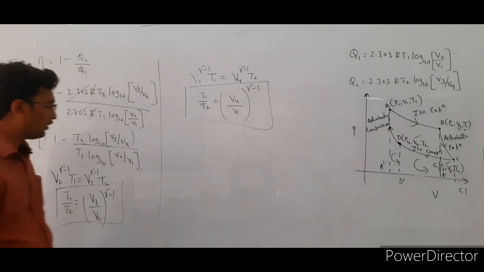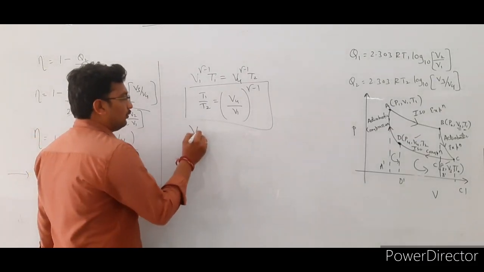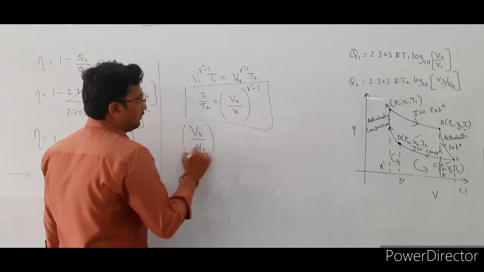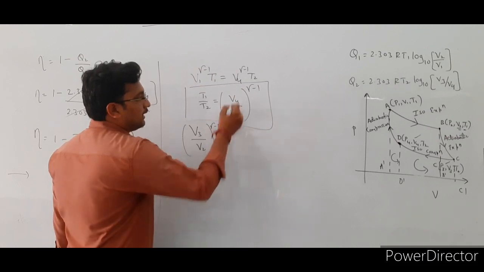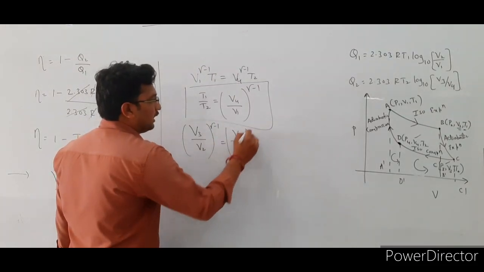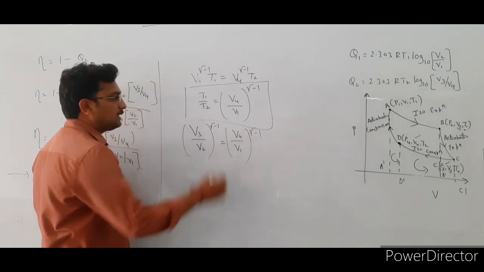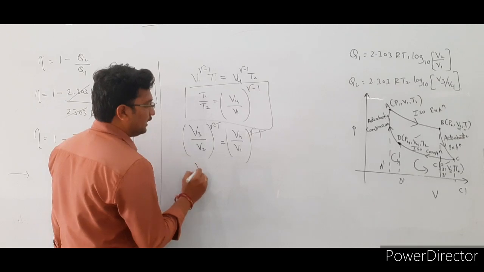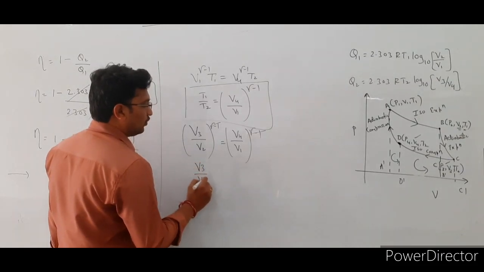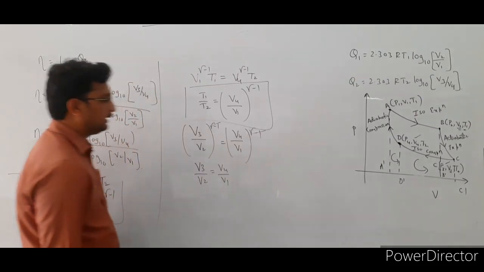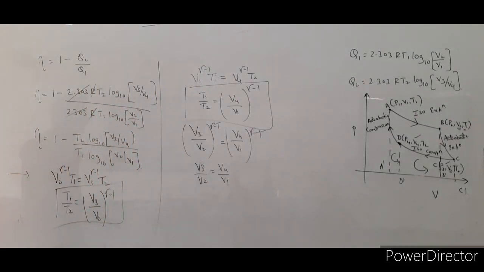V3 by V2 to the power gamma minus 1 is equal to V4 by V1 to the power gamma minus 1. In this case, gamma minus 1 gets cancelled. What are the remaining terms? That is V3 by V2 is equal to V4 by V1.